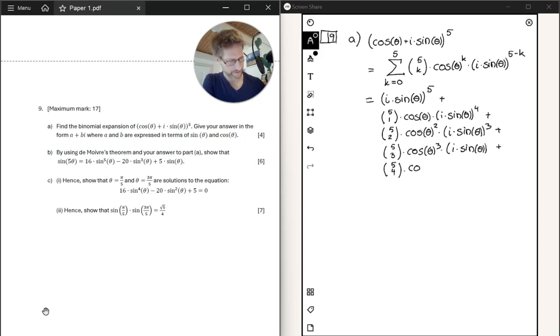This power should go down each time, so now it's to the power 2. Then we get cosine of theta to the 4, and I sine of theta to the power 1, and finally the last one is 5 choose 5 cosine theta to the power 5. That is the whole thing, and we need to calculate this.